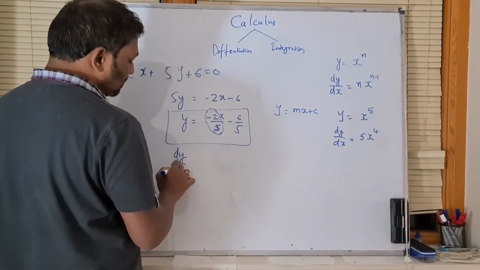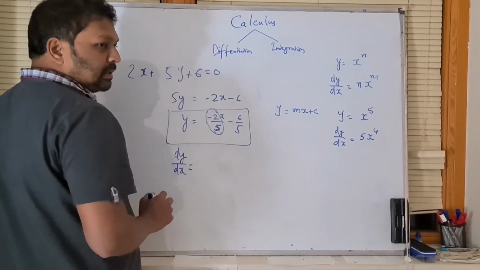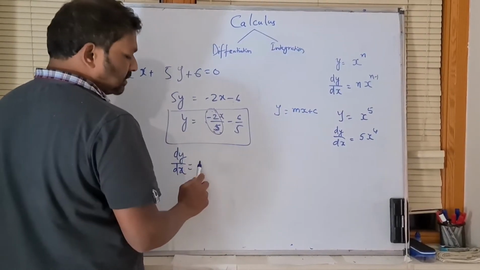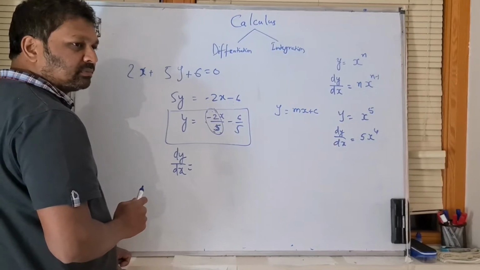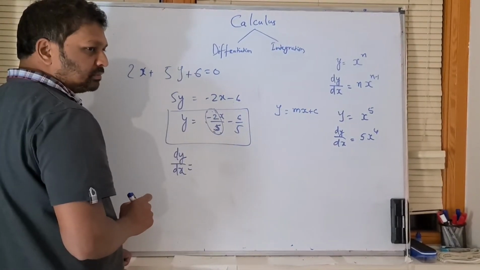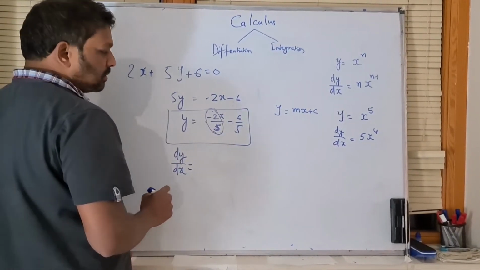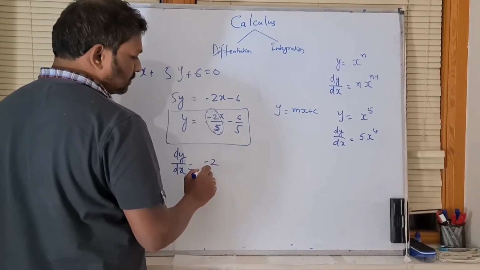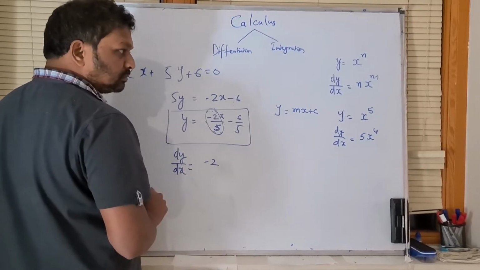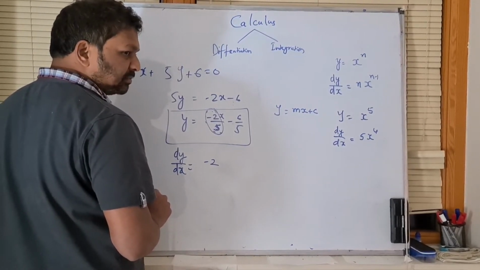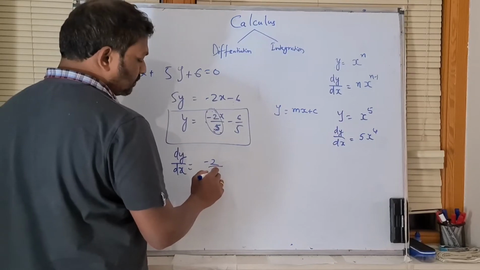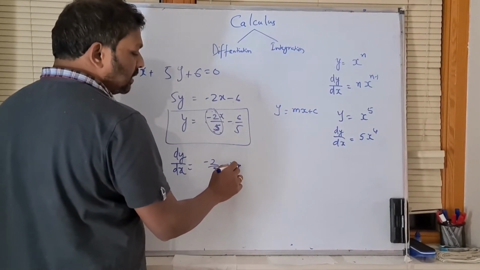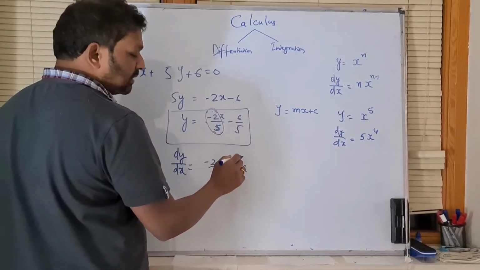Let's do the differentiation of this with respect to x. Minus 2 by 5 times 1 into x to the power of, the power is reduced by 1, that means x to the power of 0.